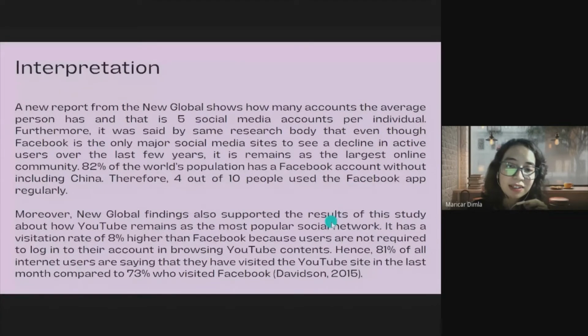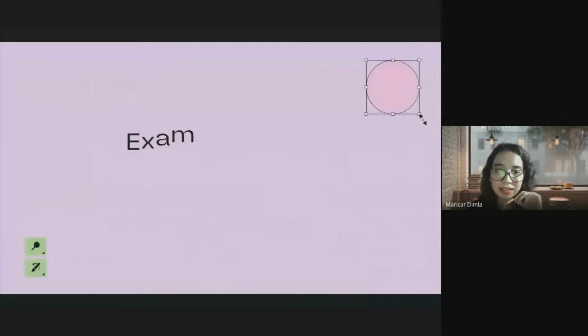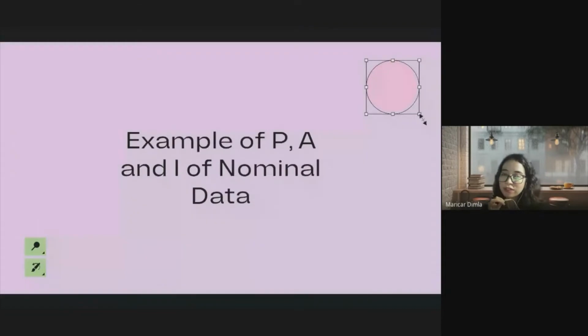Di ba? Ganyan klase mag-provide ng interpretation na you need to go back with your RL and RS to back up the findings you have with your own findings. Hanap ka ng kakampi. And then class, we're done with the ordinal data.